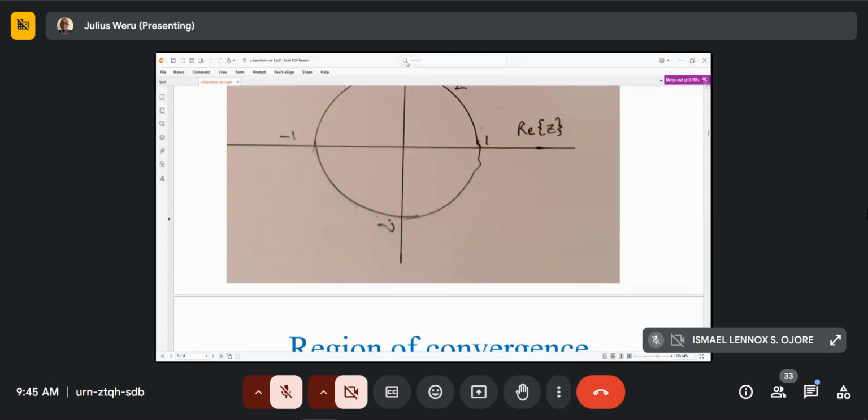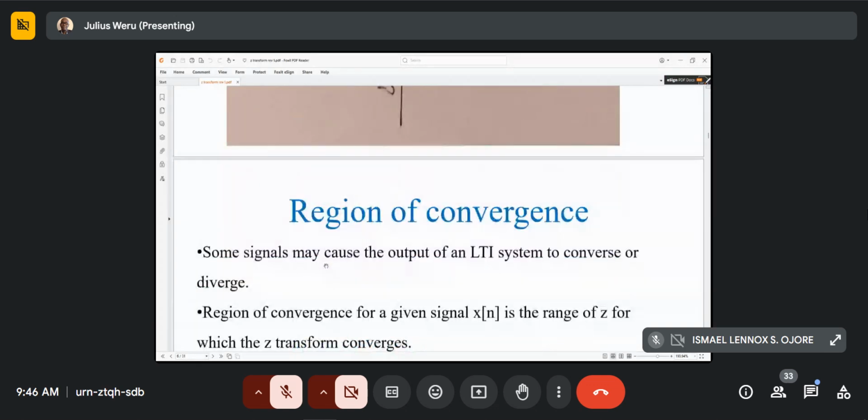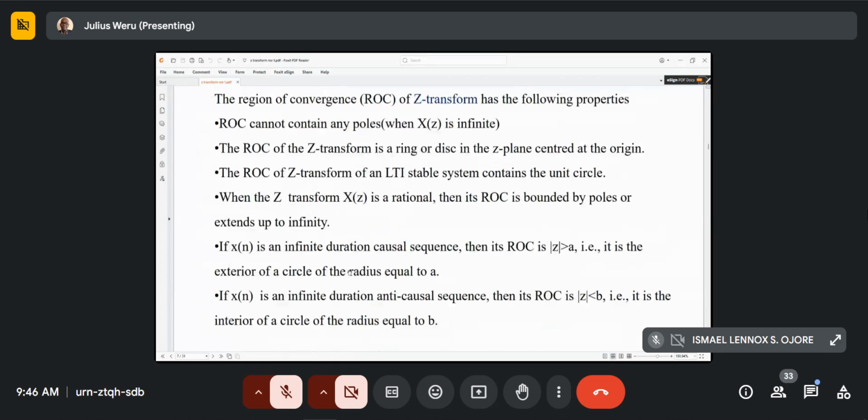Remember, in the Laplace transform, it is a line parallel to the y-axis, so you'll be talking about what is on the left and what's on the right. Here you'll be talking about what is outside the circle or what is inside the circle. Another important property is that the region of convergence of the Z transform of a stable LTI system contains the unit circle.